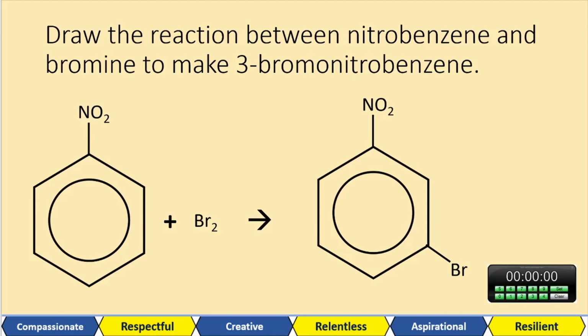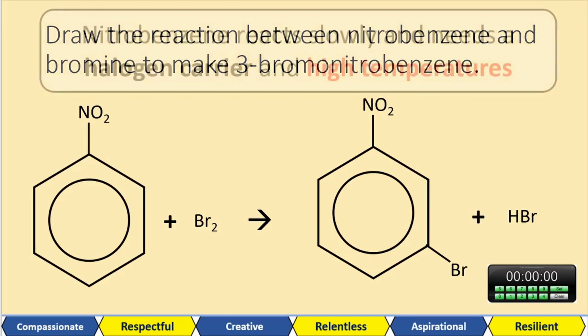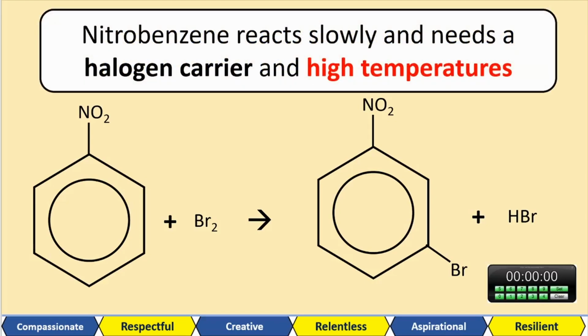Again, we're substituting that hydrogen, and that's going to react with the other bromine atom to make hydrogen bromide. Unlike the phenylamine, nitrobenzene reacts slowly, and you need a halogen carrier as well, and high temperatures, and you can probably guess the halogen carrier should be aluminium bromide.